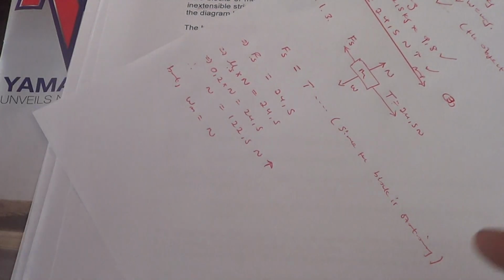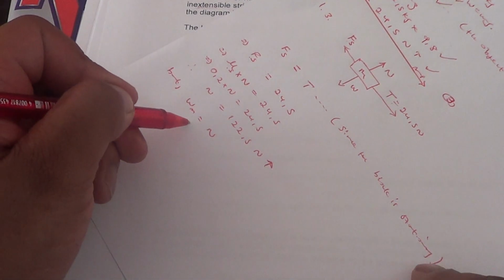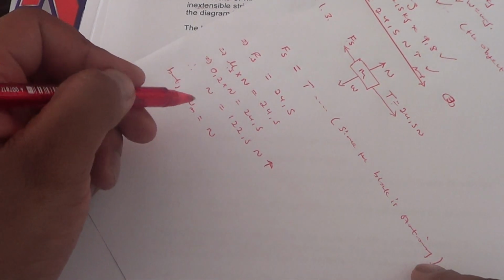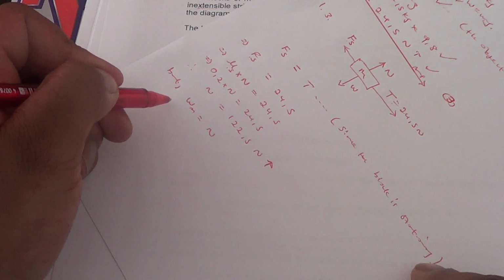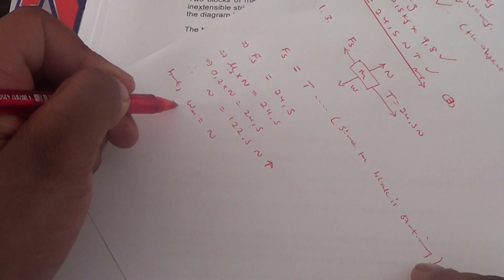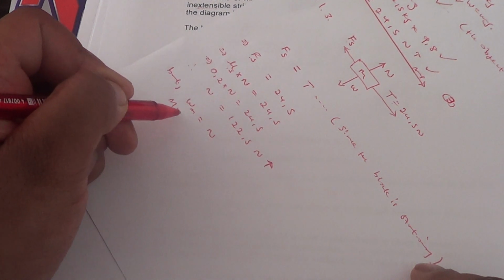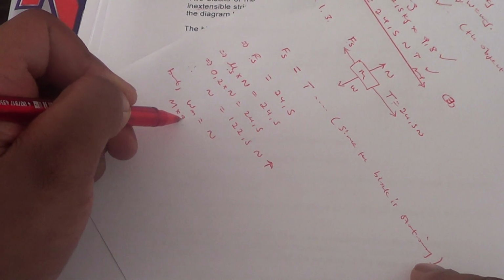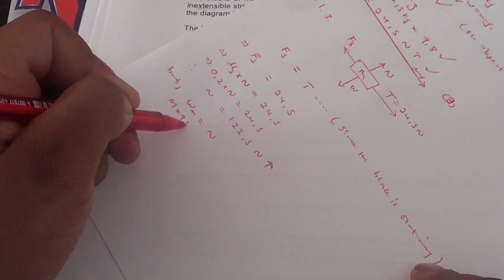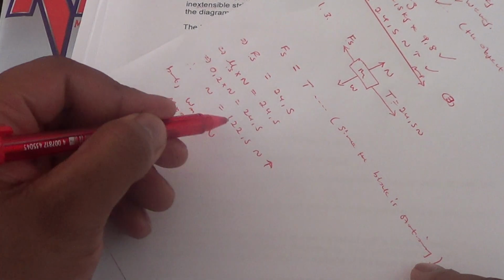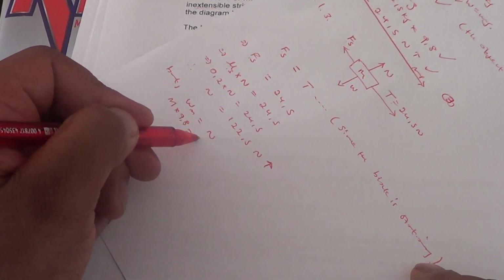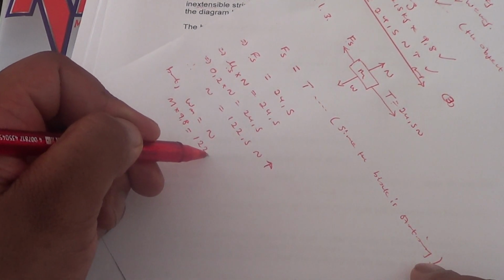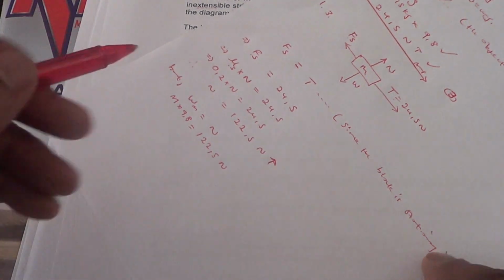Again, this is balanced. So this is going to be M, which we don't know, multiplied by the gravitational acceleration, which is 9.8, equals the normal force here, which is 122.5 newtons.